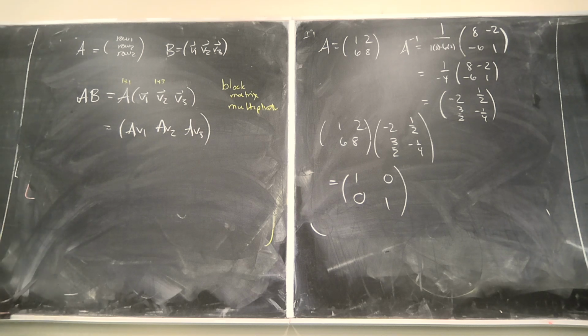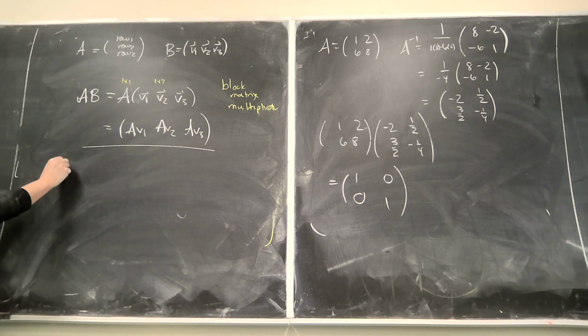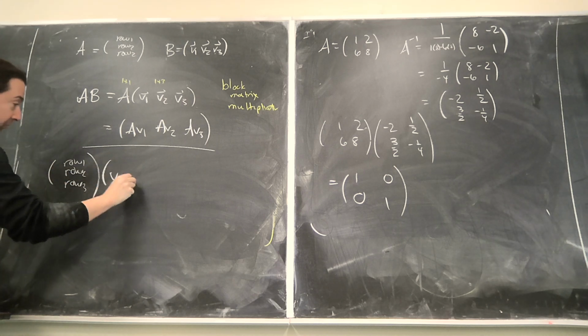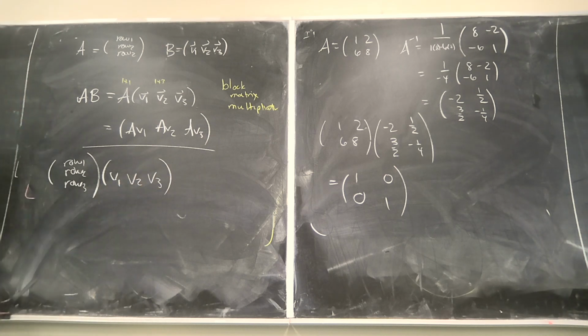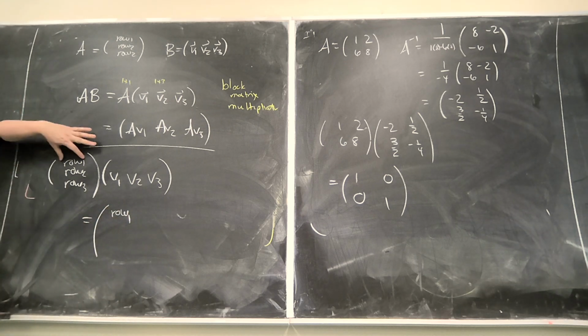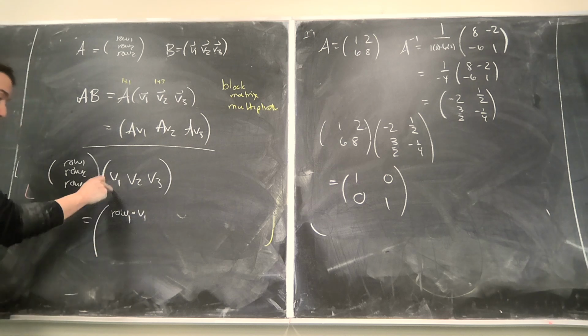But the idea here is that if you actually wrote down A in this row form, and then you multiplied it by V1, V2, V3, and you went through the process that we did when we defined matrix multiplication, you would get a 3 by 3 matrix out the other side, where each entry looked like the dot product of one of these rows with these columns.